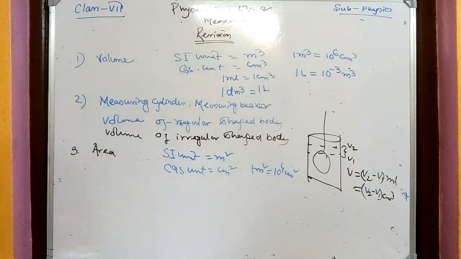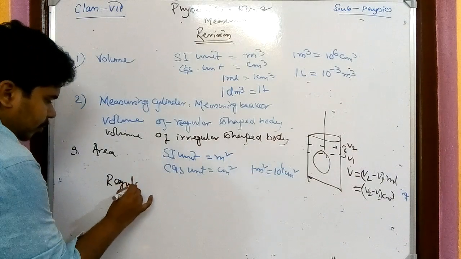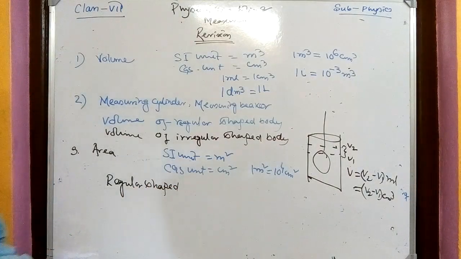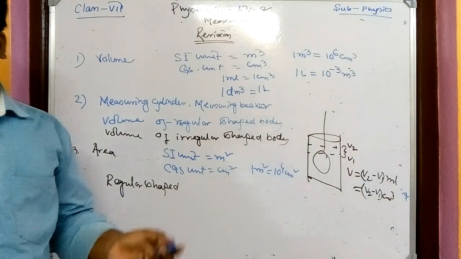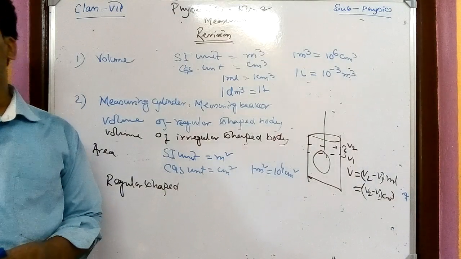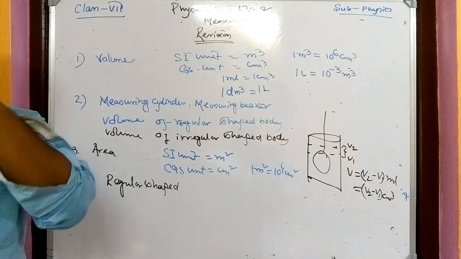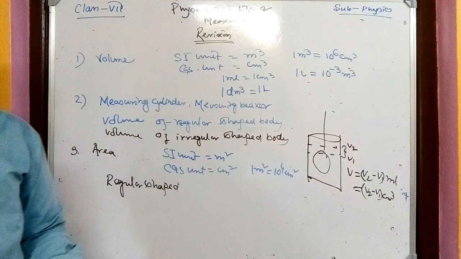Area for regular shaped bodies. I have already told some equations, it is written in the previous video. Area of a rectangle is length into breadth. Area of a square is length square. Area of a circle is pi r square. Area of a cylinder is 2 pi r h.